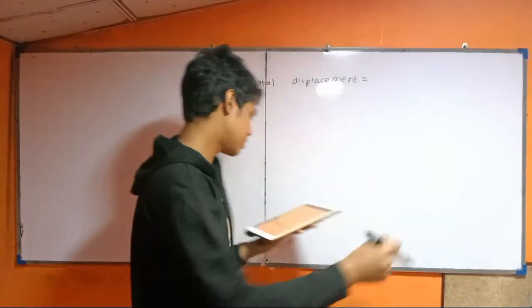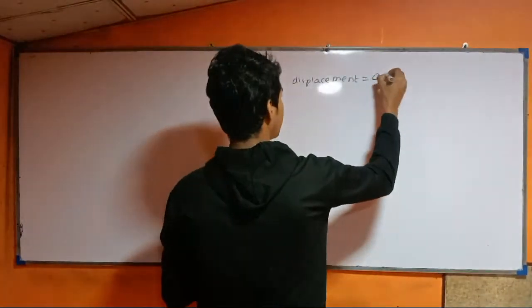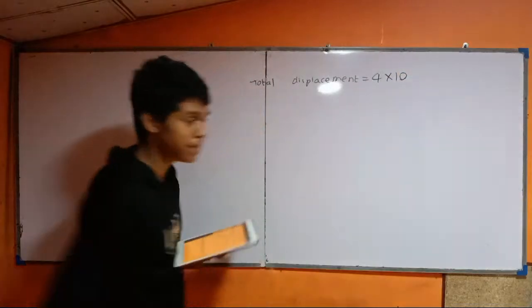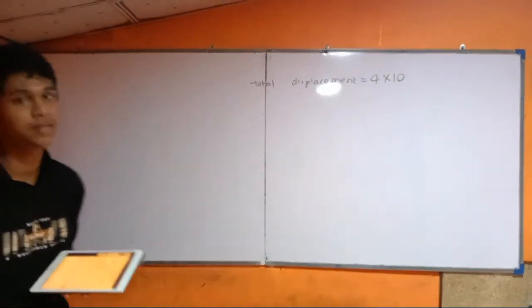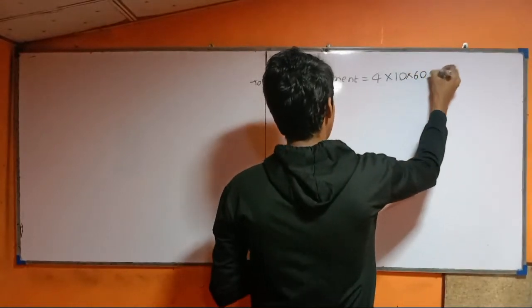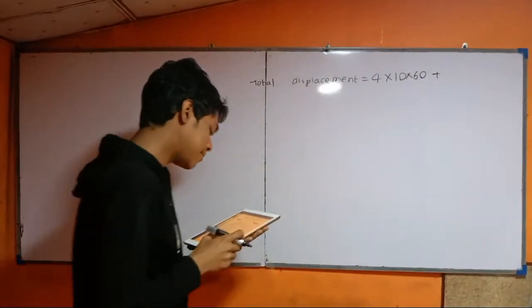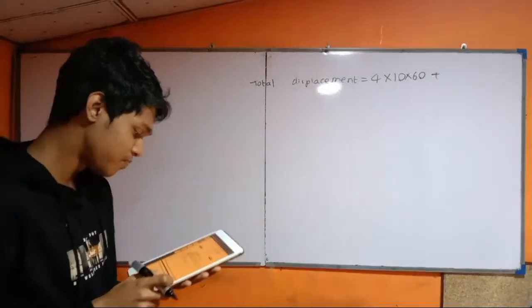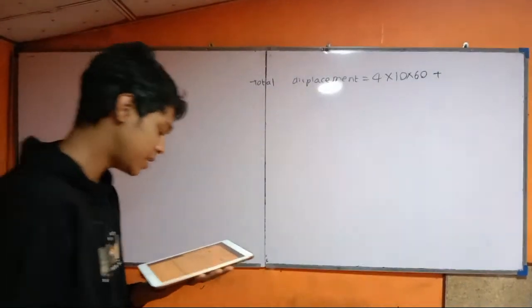So 4 meters per second into 10 minutes. You need to convert 10 minutes into seconds, so 10 into 60, plus, after that he was tired and walked with 1 meter per second for 5 minutes.